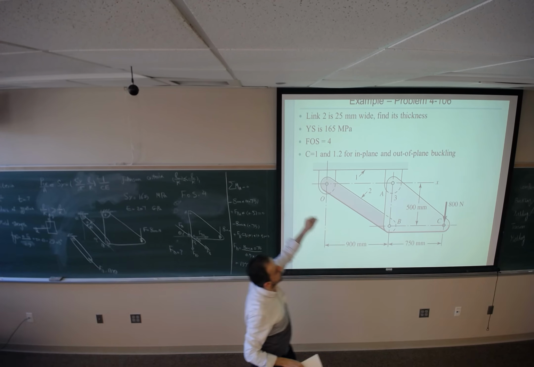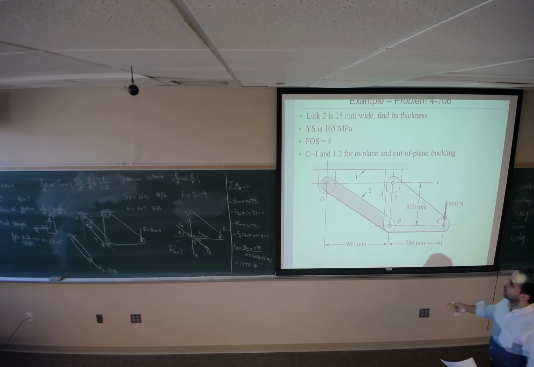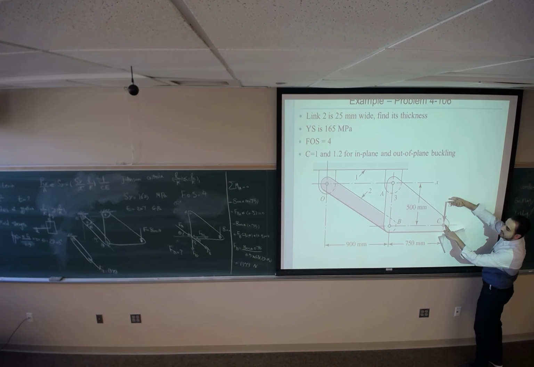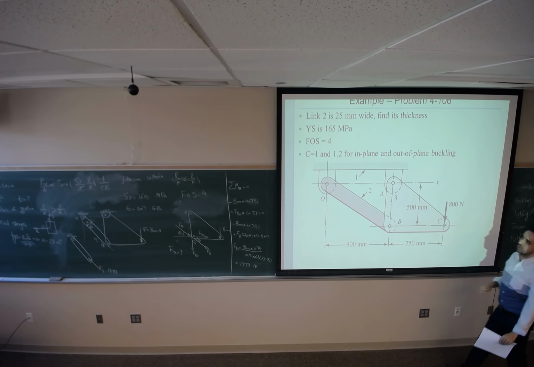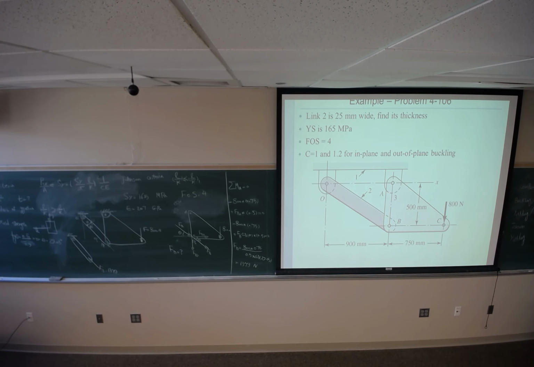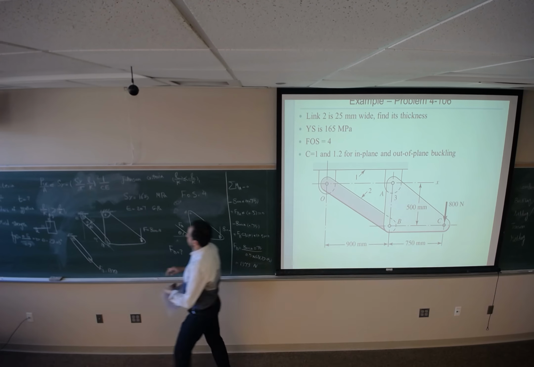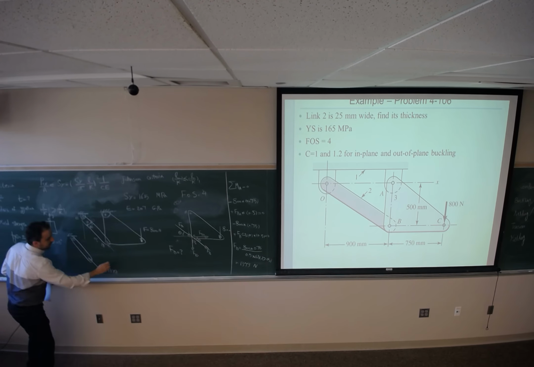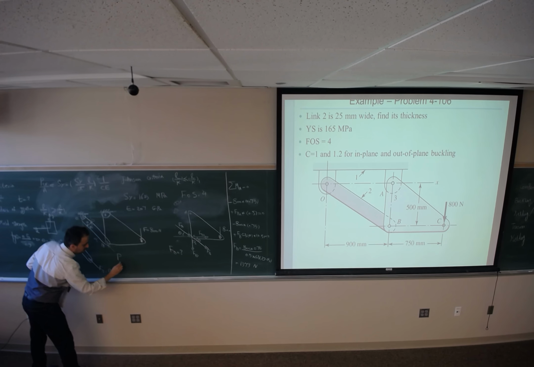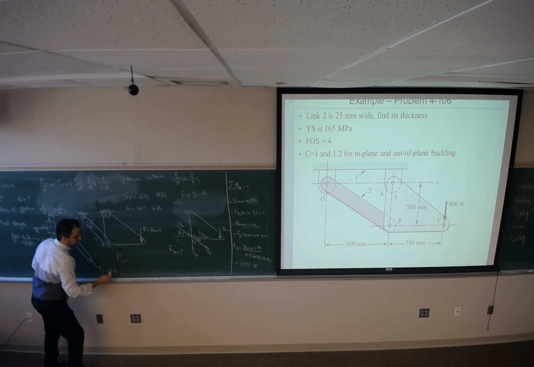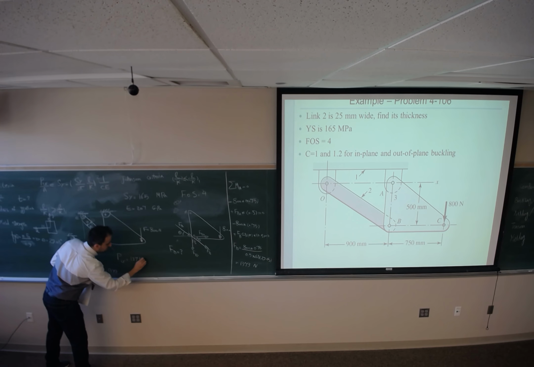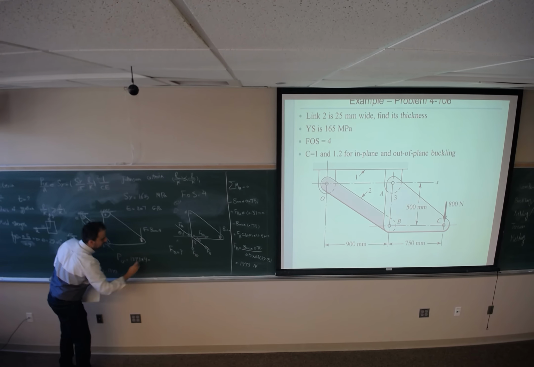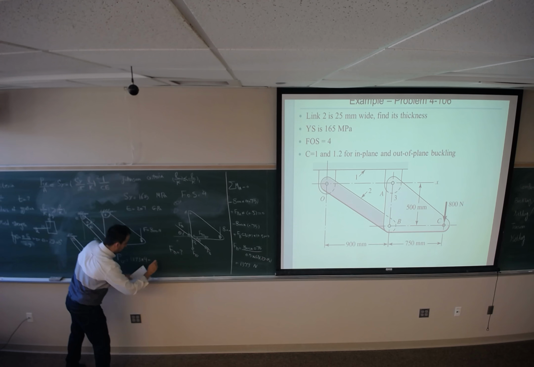Factor of safety is 4. It means when 800 is applied here, this bar should support 1373 Newton. But since the factor of safety is 4, we should design this bar such that P critical, or the maximum force, should support this, which is 5492 Newton.